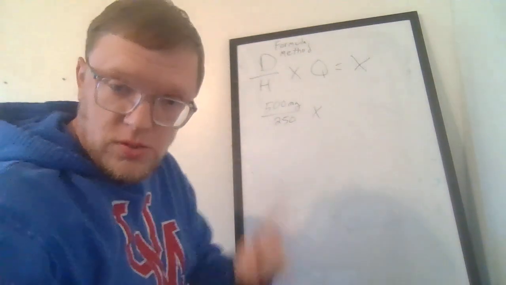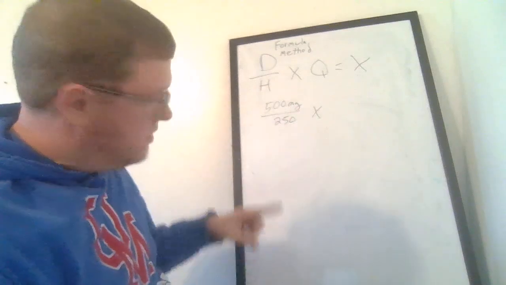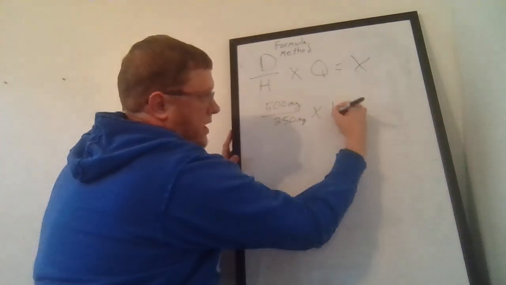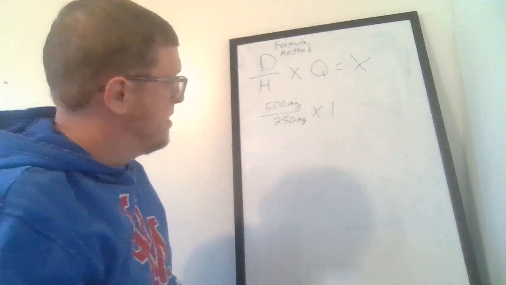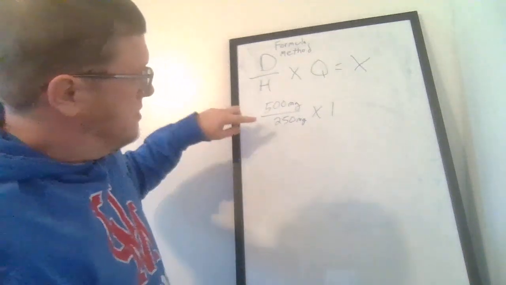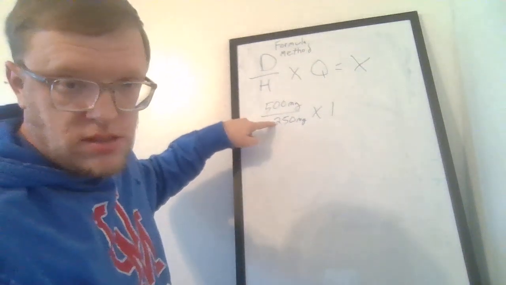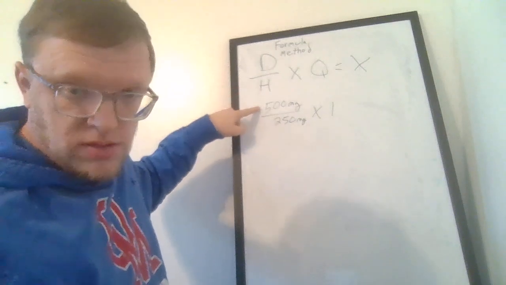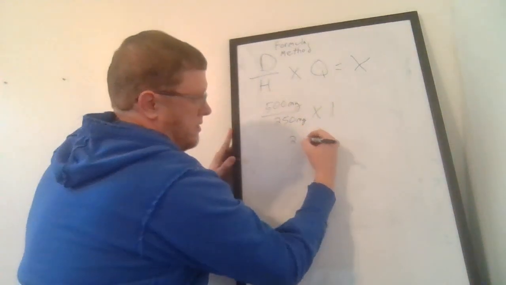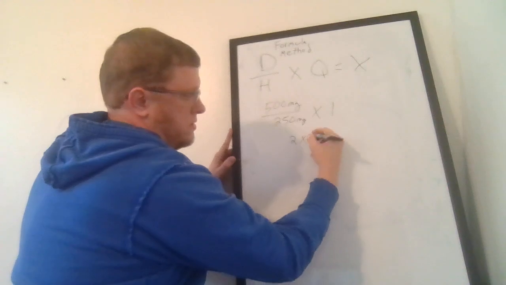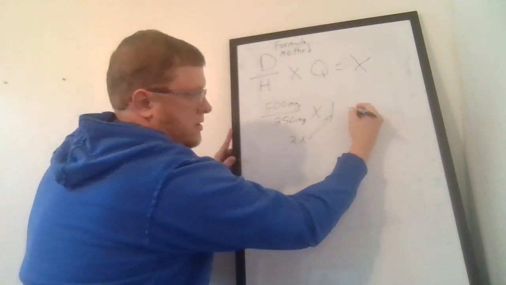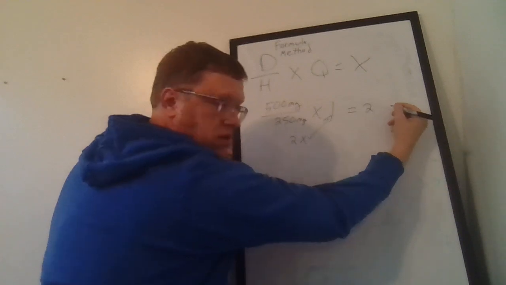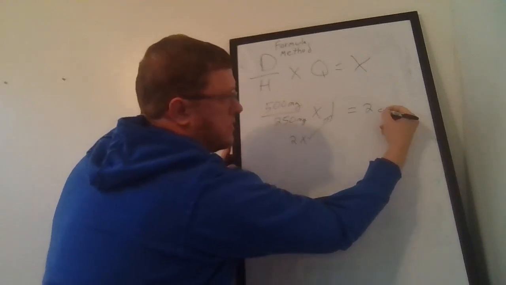Quantity is 1 because one capsule is 250 milligrams. Follow me? So 250 will go into 500 2 times, and then 2 times 1 is 2. So your answer is 2 capsules.